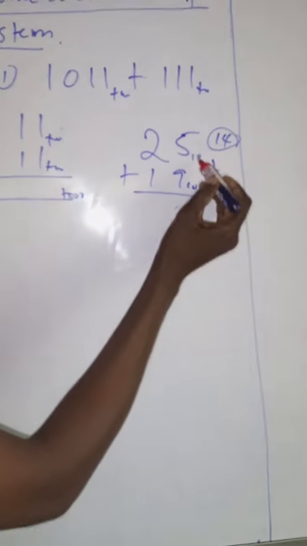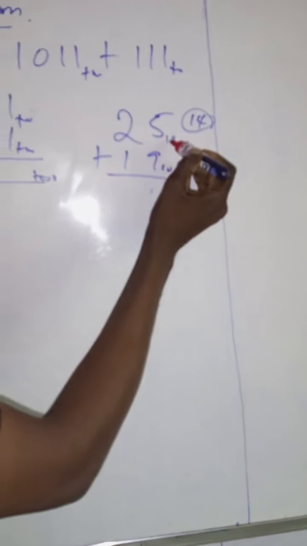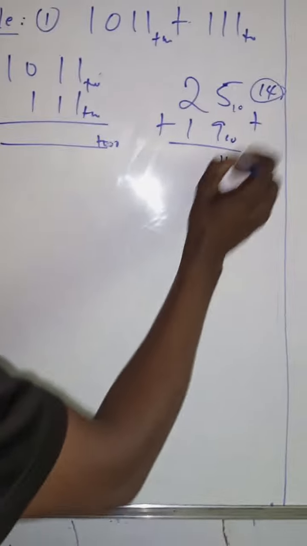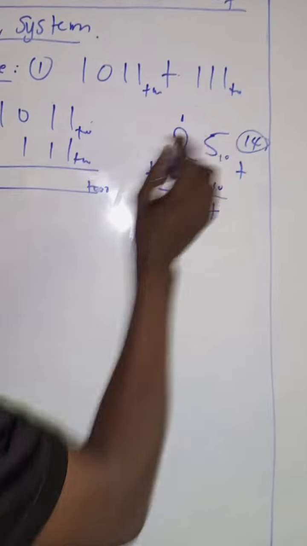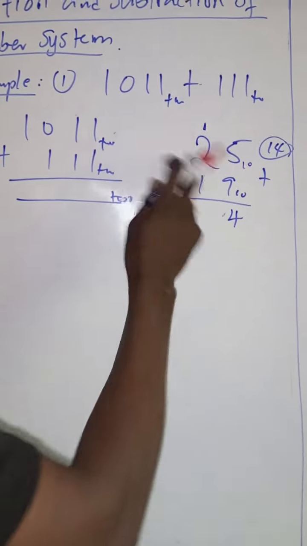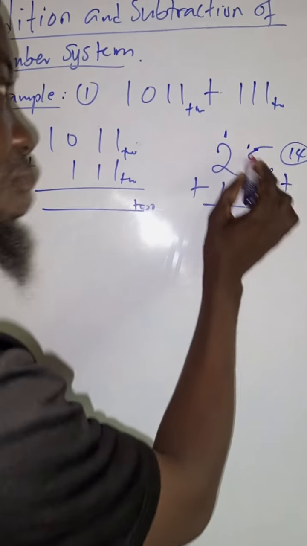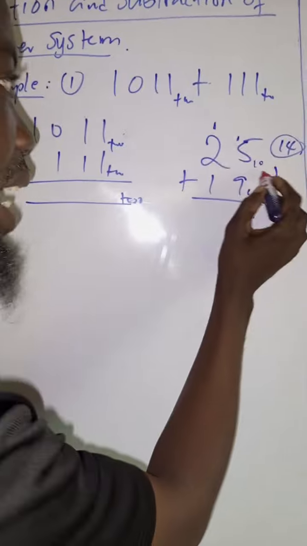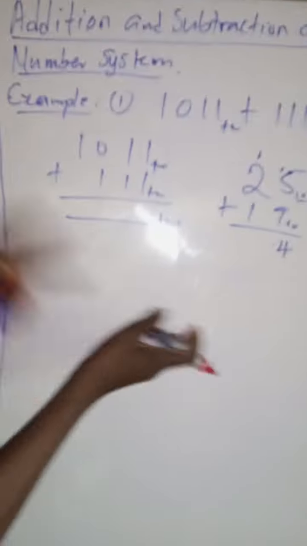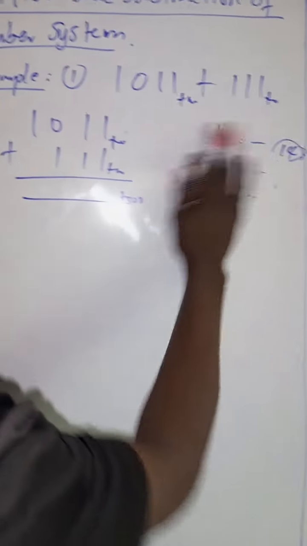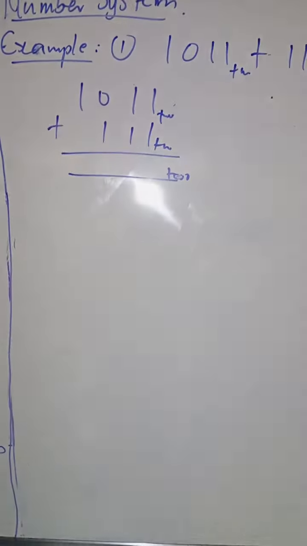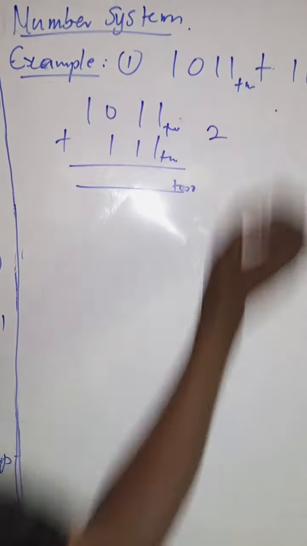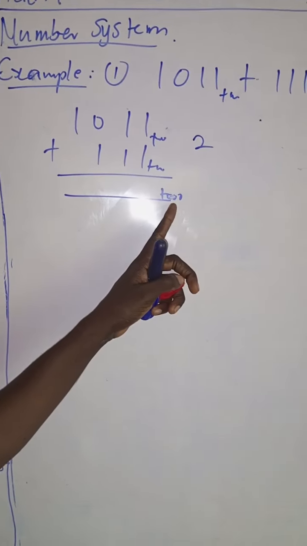So this is now bigger than the base, that is why we write 4 and take the 1 here. And that's why if you want to borrow, it comes here like this, and this turns to 15. Why? It's coming as the base. So that's exactly what to do. But for addition, it's the one we carry that matters most. But then let's move. If I add this one, it gives me 2. You can write it down because the base is 2.